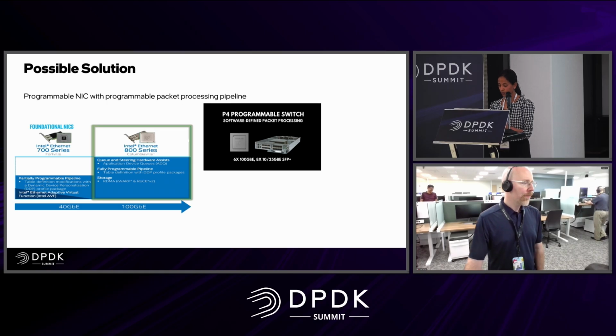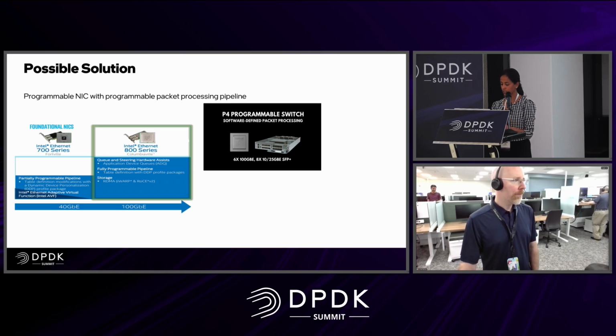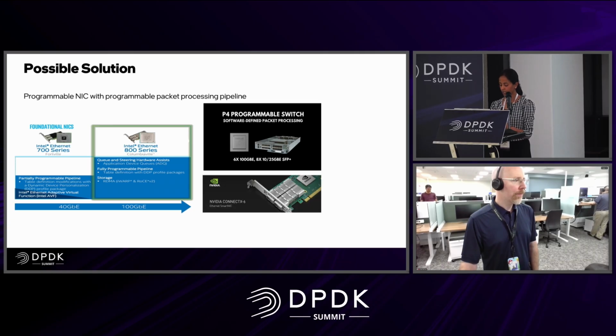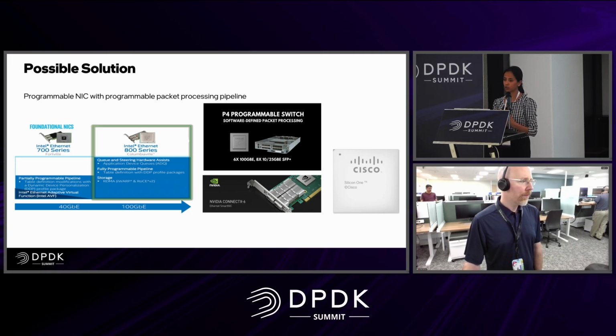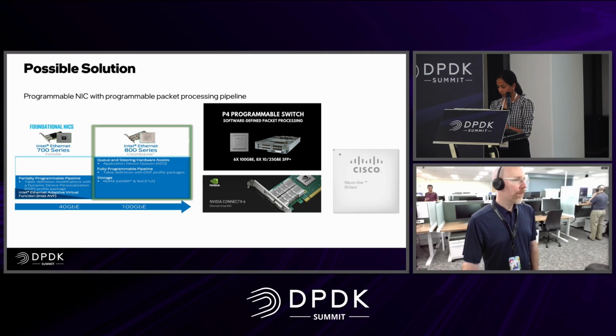Also the Tofino switch, which is a P4 programmable switch, NVIDIA ConnectX-6 and ConnectX-7, and Cisco silicon. There is a long list of Ethernet adapters that provide a programmable packet processing pipeline. These pipelines offer significant advantages in terms of flexibility, performance, and customization.